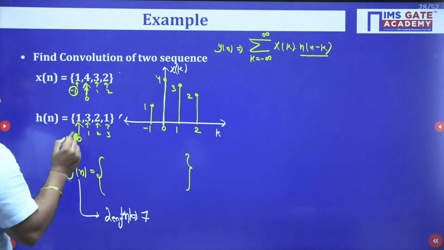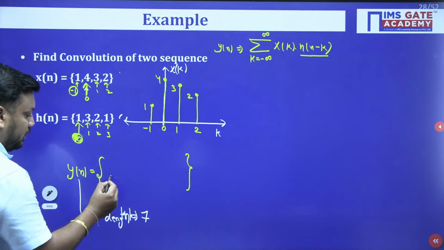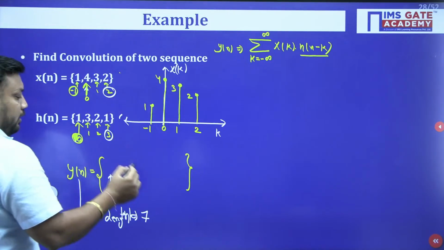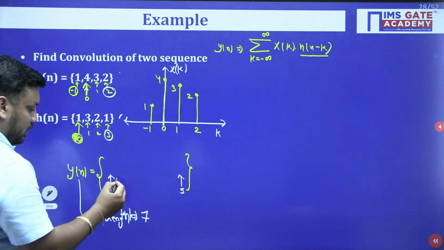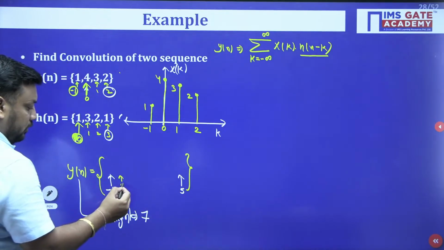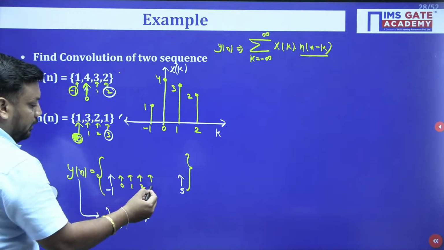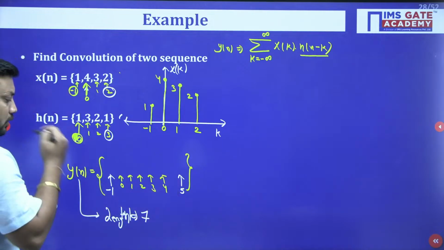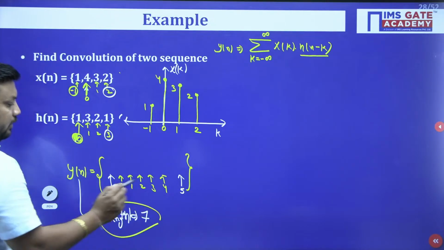It starts from minus 1 and from 0, so the resulting signal will start from minus 1 and end at 3 plus 2, which is 5. So the locations will be minus 1, 0, 1, 2, 3, 4, 5. When you count 1, 2, 3, 4, 5, 6, 7, the total length is 7, satisfied.